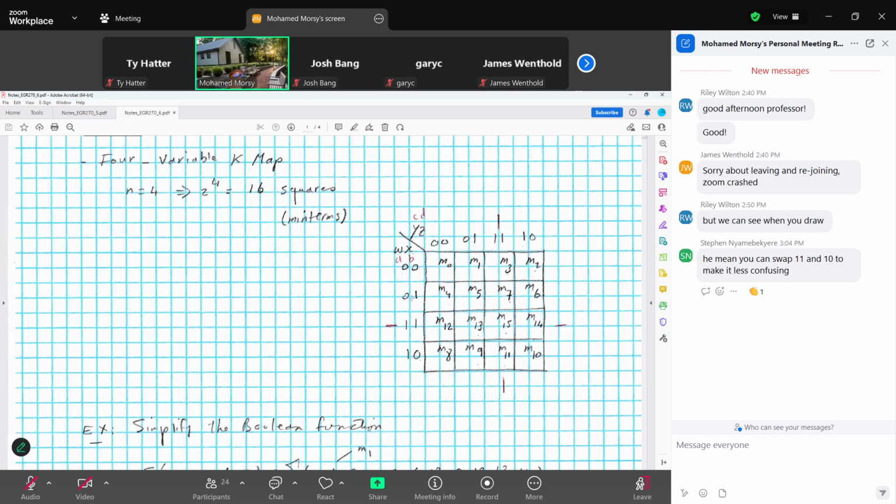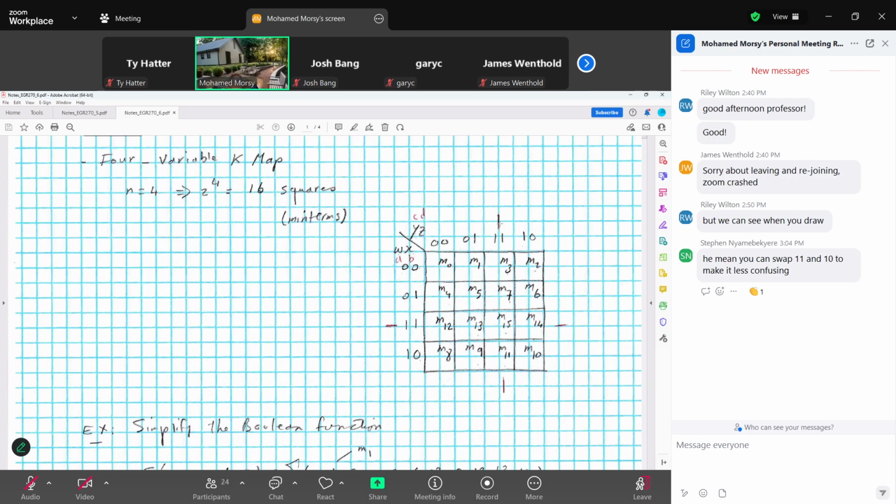So 0, 0, 1, 0, jump 0, 1, then 1, 1. The same now for YZ because these two variables 0, 0, 1, 0, jump 0, 1, then 1, 1. Like in decimal, we have 0, 1, then jump to 2 here, then go back to 3.